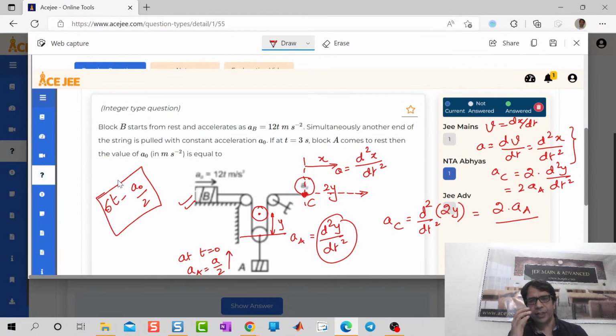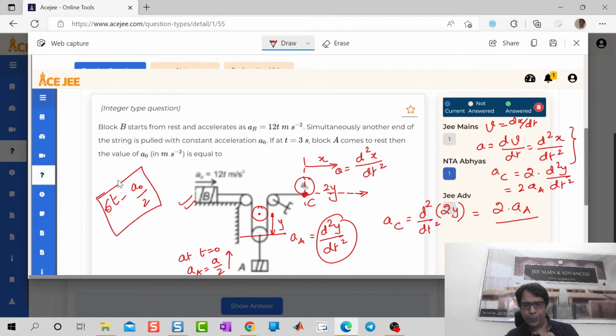Just initially, look at B. If only B is moving towards the right, if B moves by a distance Z, I'm just picking up another variable here. So if B moves by Z, by how much will A descend? A will descend by Z by 2.